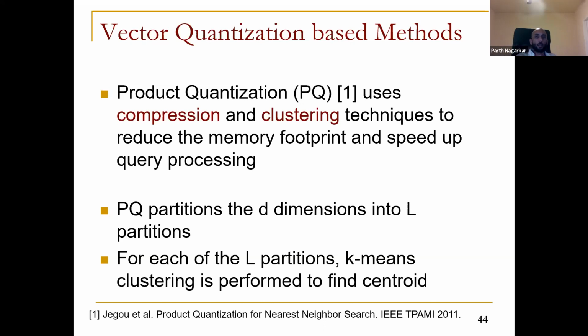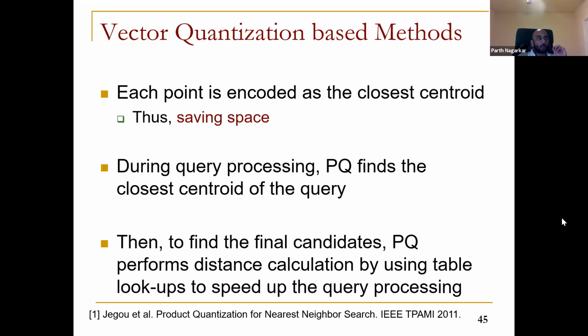The disadvantage, which I'll explain in the next category, is that the accuracy of more state-of-the-art techniques is better than product quantization, but index sizes are really small. So if you are really constrained on the amount of memory that you have, then you should use product quantization and these relevant techniques.